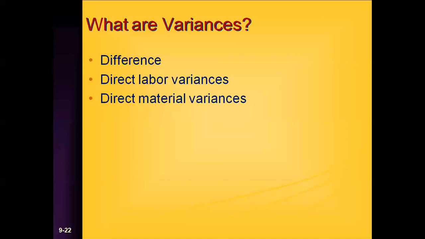If for some reason you hired a new employee and they needed to be trained and they weren't as productive as a normal employee, it's going to take that person longer. So you're going to have a labor variance. And again, the same thing with material variances. Depending upon the capabilities of your purchasing department, you could have price variances, you could have usage variances, and actual inventory variances.